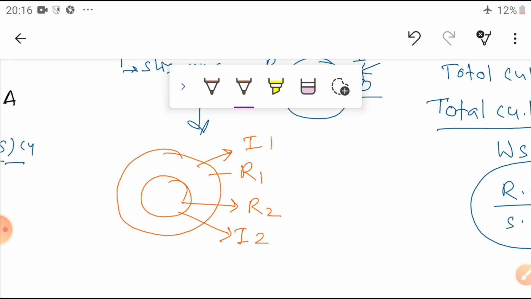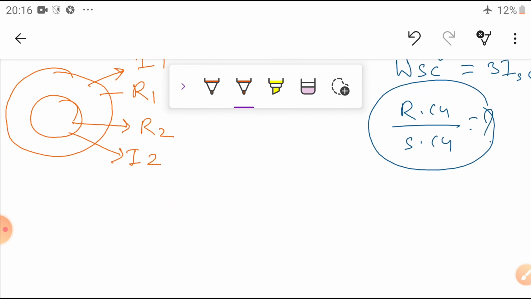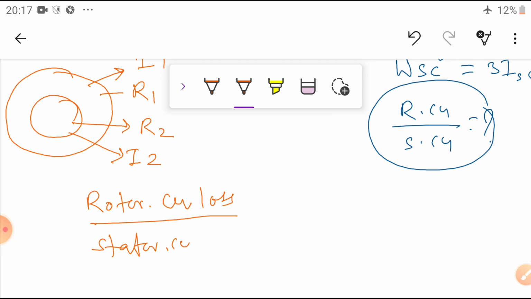Based on this, I can easily calculate the rotor copper loss by the stator copper loss, which is equal to I2 squared R2 by I1 squared R1.